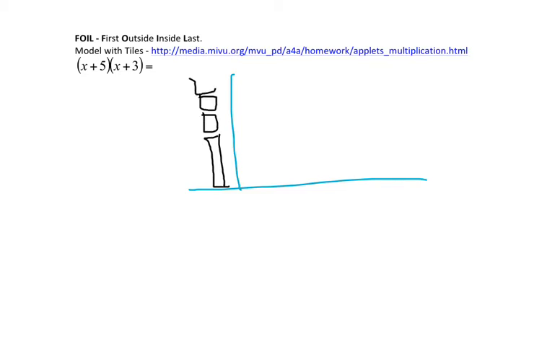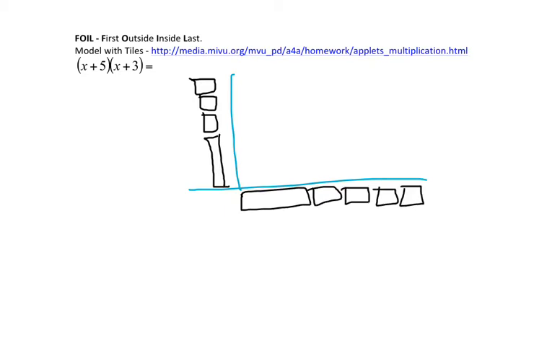But really what you can do is set up a multiplication yourself. If I think about multiplying this, then I've got on one side 1x and 3 1s. I'm going to use this side as my x plus 3 because I don't have room for all 5. And now on this side I can do x plus 5.